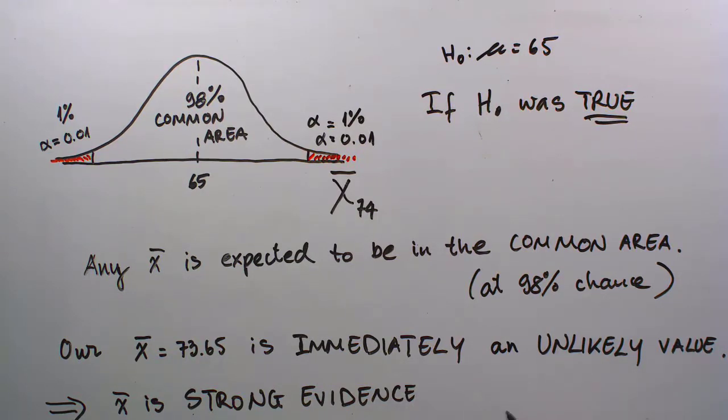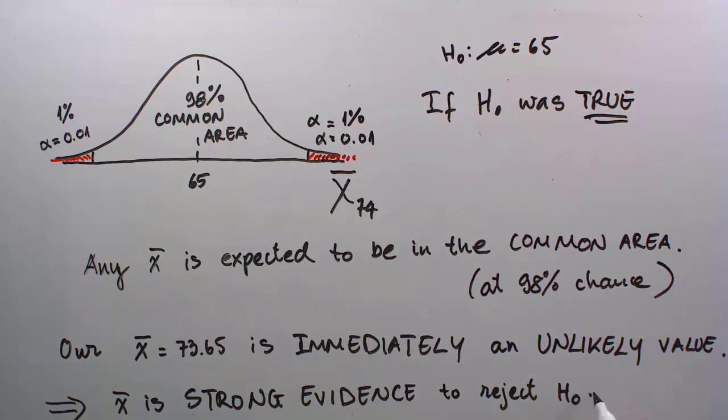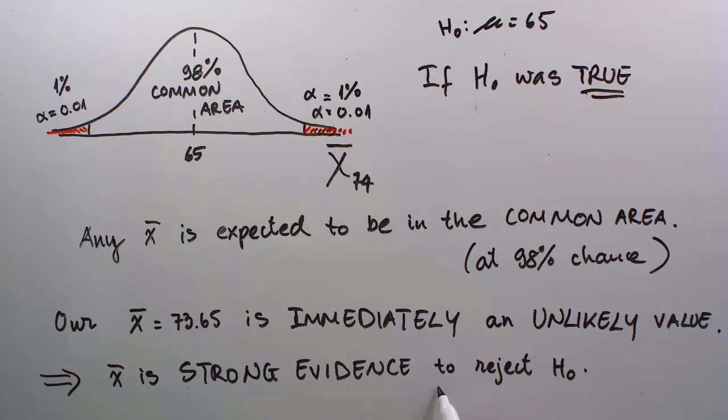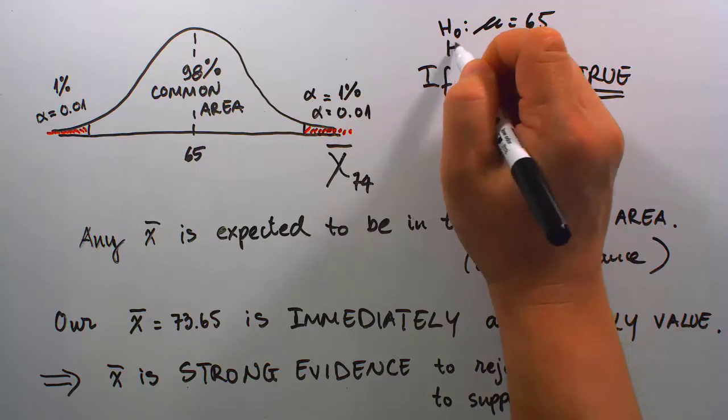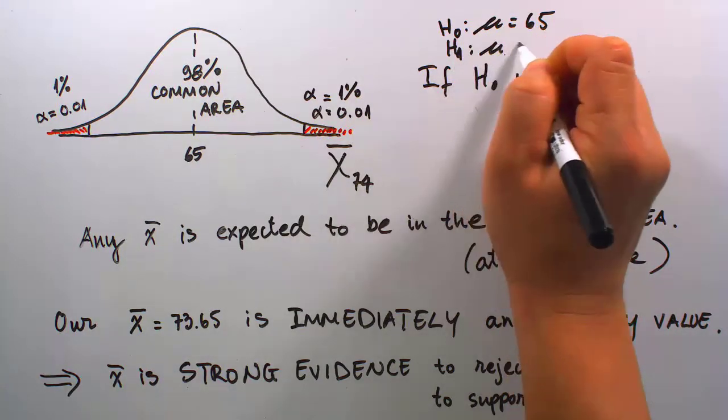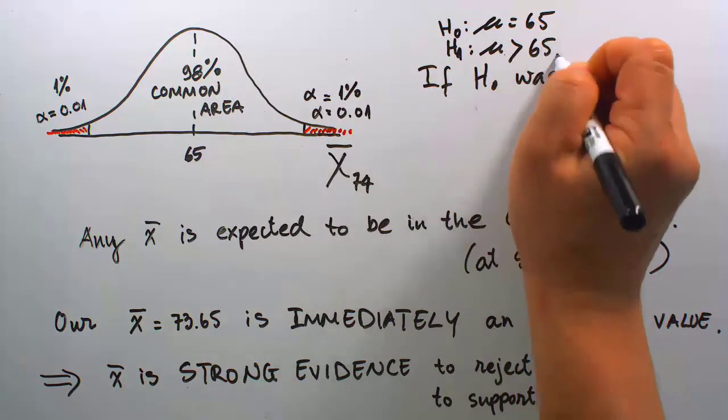It leads to its being strong evidence. And for what? Strong evidence for us to say that we are going to reject h sub 0. Or we can say x bar can be used as strong evidence for us to support the alternative hypothesis, suggesting that mu should be greater than 65.